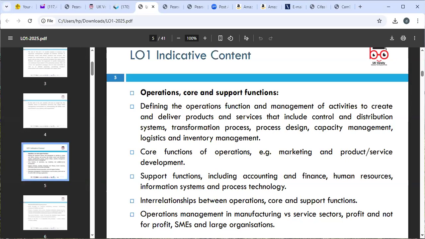Then you may have the baking department that bakes the bread. So you may have a different supply chain from distribution to process department, capacity building, and all that. You may have core functions of operations. When the products are being made, for the product to go out there, you need a marketer, don't we? Yes, we need a marketer.